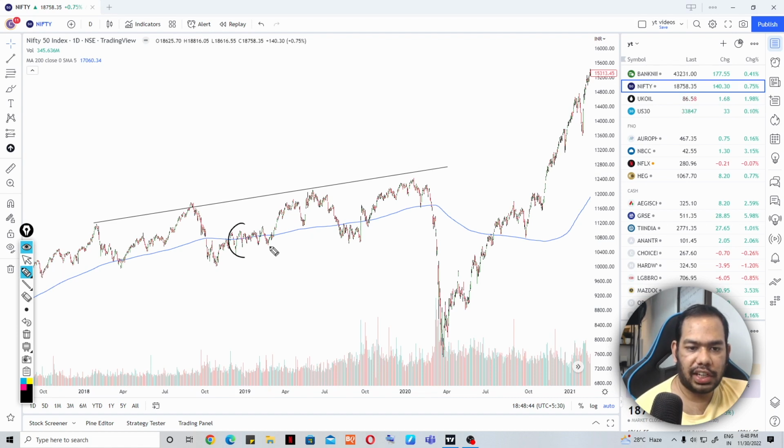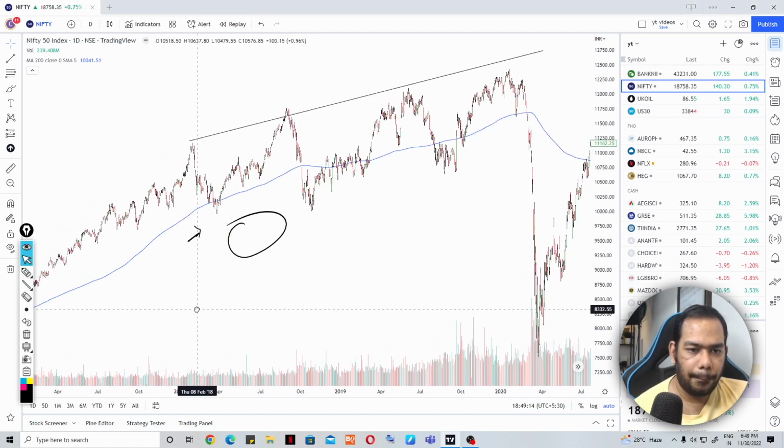Now here was the election period, and the market was a bit in favor of the current government. So if there is any chance of the same government not being elected, the market will become a little bit shaky. Again, if you see this fall, by the way, this was during the ILFS crisis, where all the NBFCs were beaten down.